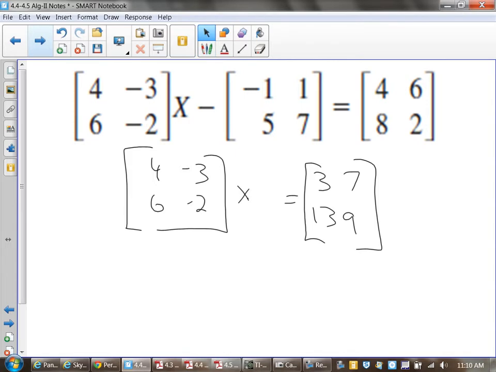I'm just going to use my regular calculator because the one on the computer takes too long to type. Let's see. So it's inverse of 4, negative 3, 6, negative 2.